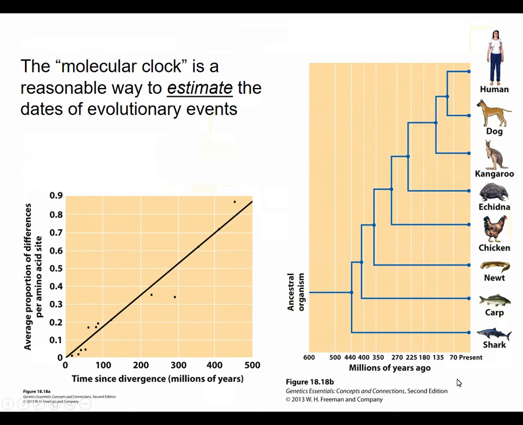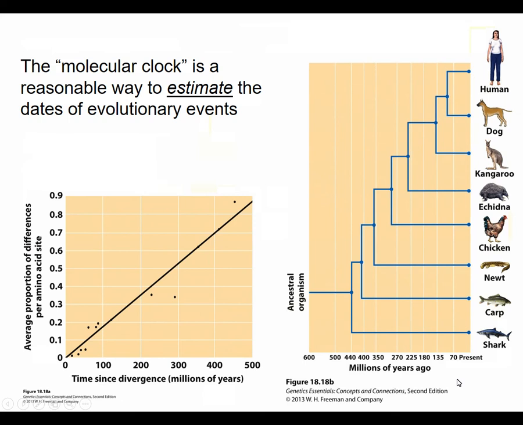It's always understood that this is an estimate of evolutionary events. So let's say you have certain organisms on your molecular clock. You have some data about shark and newt and echidna and dog. You map that and it makes a nice linear relationship here. So you draw the line and then you find a new organism, I don't know, chicken.